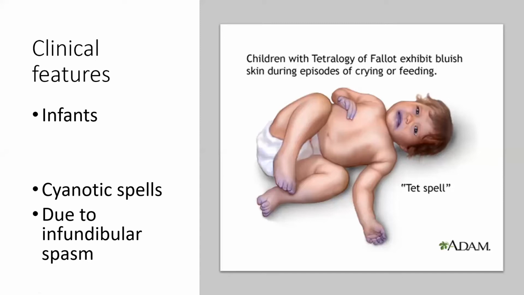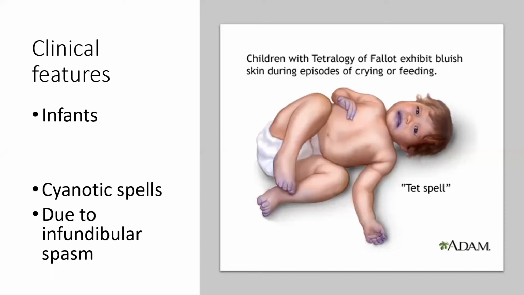When it goes into a spasm, what happens? The amount of blood going into the pulmonary circulation comes down. At that point, the child becomes very cyanosed. These are called cyanotic spells, and usually mothers of patients with tetralogy of Fallot report to us that the child becomes suddenly very bluish, struggling for breath, crying, etc.